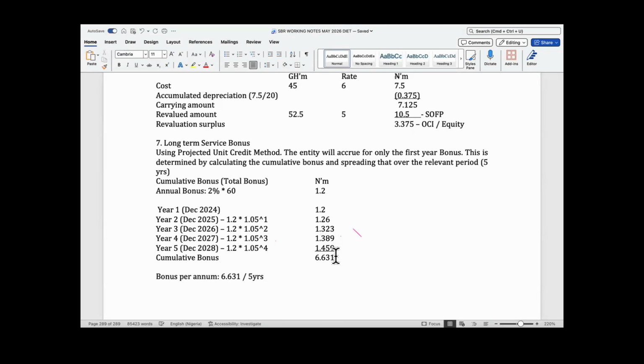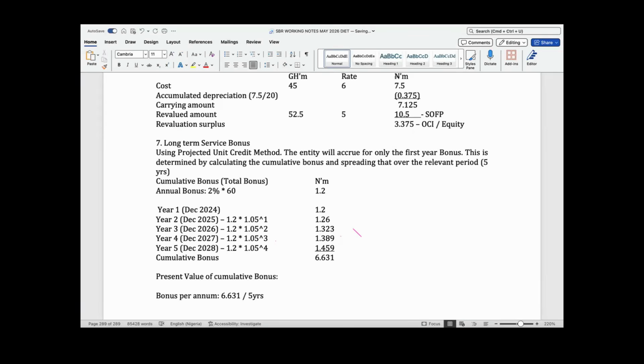Okay, wait, hold up. Since this is the future value, let me do the present value of that, so I know the value today.